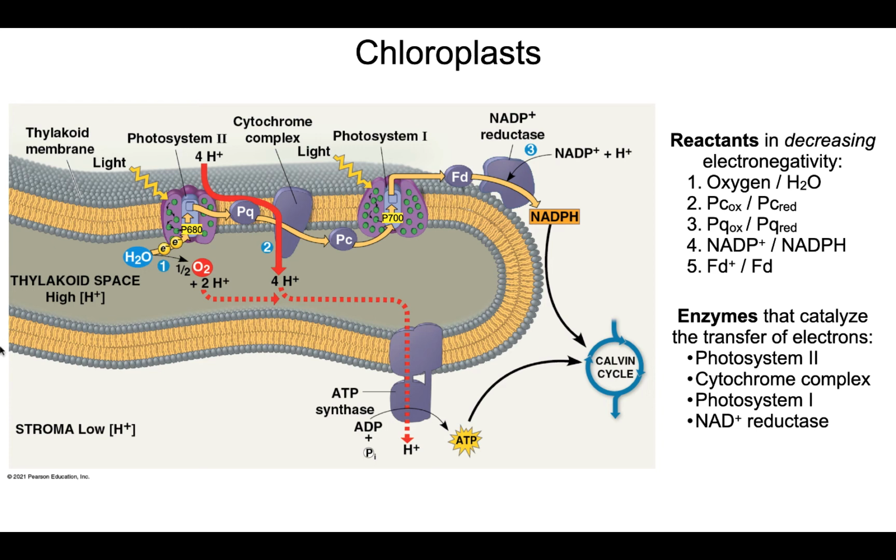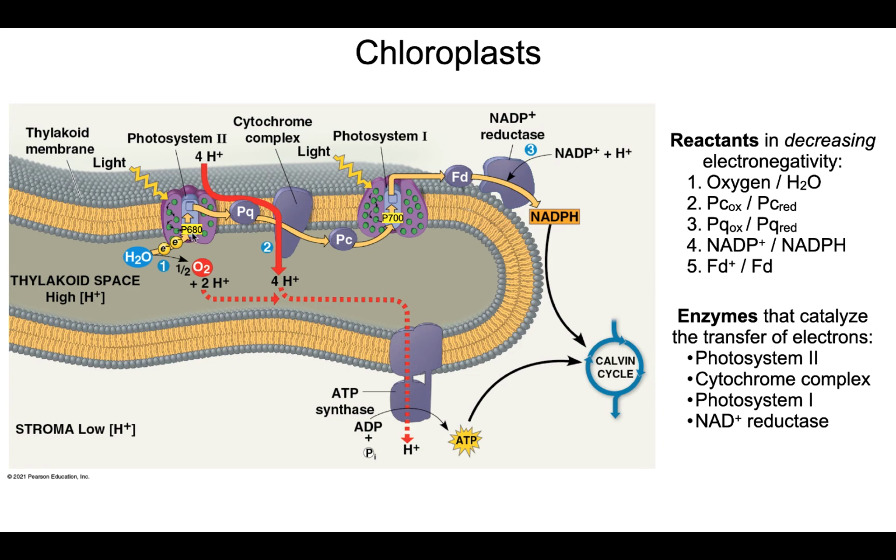Well, the answer is that the enzyme itself contains a special chlorophyll called P680. And this chlorophyll is a pigment molecule that absorbs very specific wavelengths of light, in fact, 680 nanometers wavelengths of light. Now here's the neat thing.